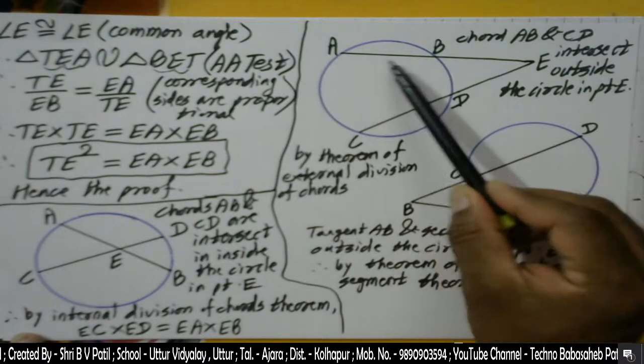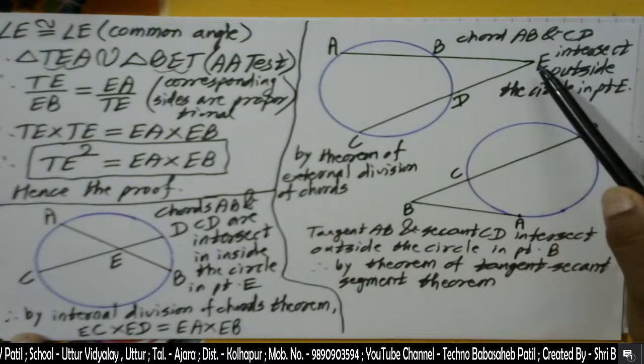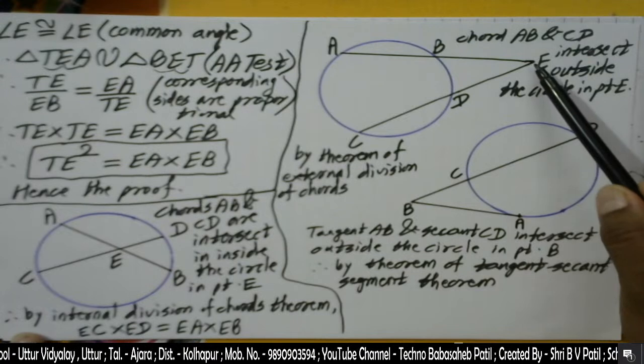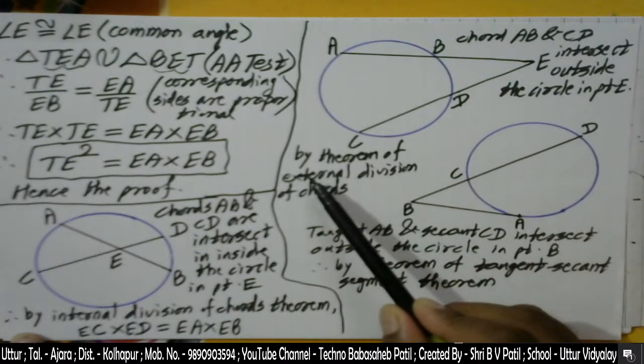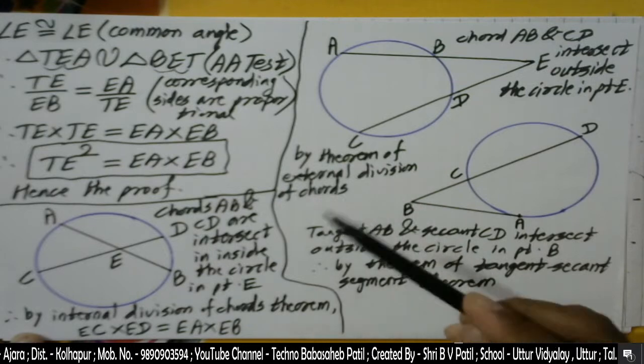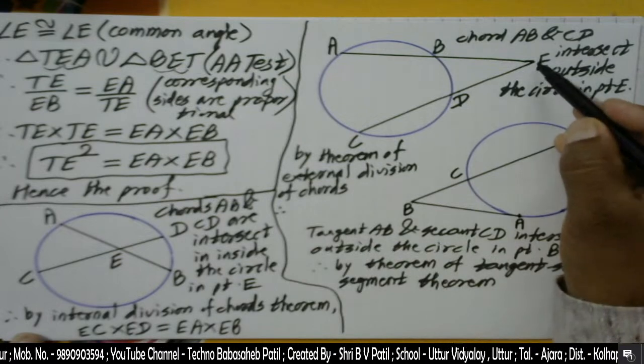Here chord AB and chord CD intersect at point E outside the circle. Therefore, by the theorem of external division of chords, what do we write?